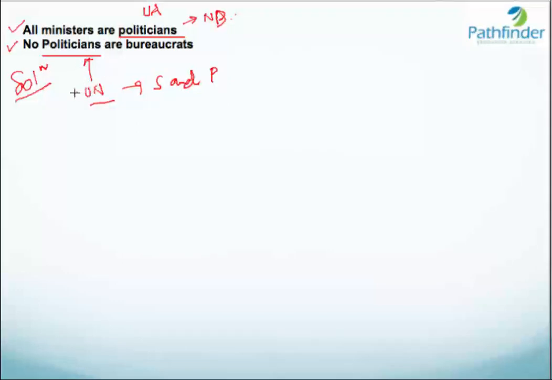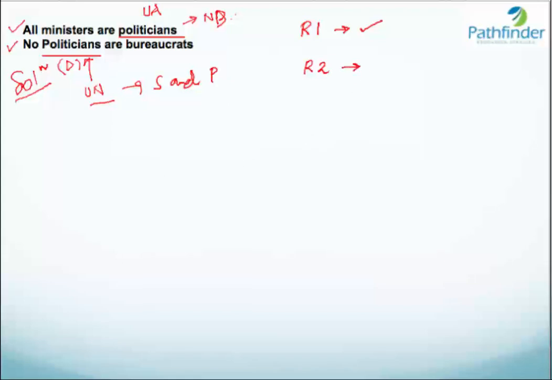Since politicians appears as a subject, here politicians is distributed. So we can see that the first rule is obeyed. Now let us apply rule number 2.